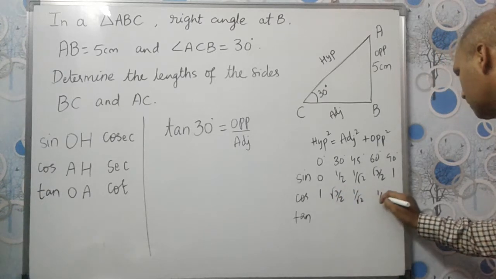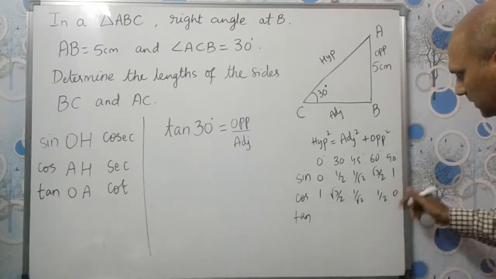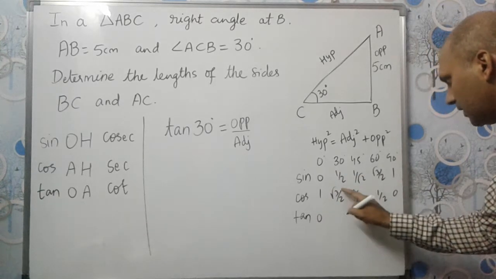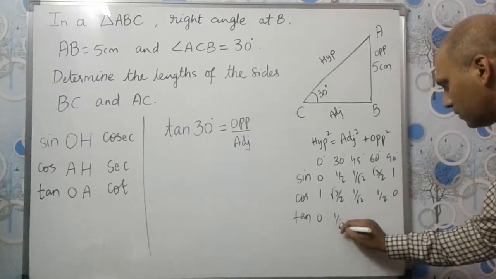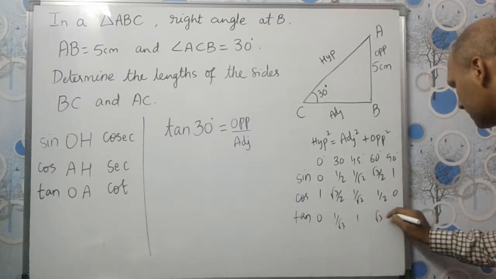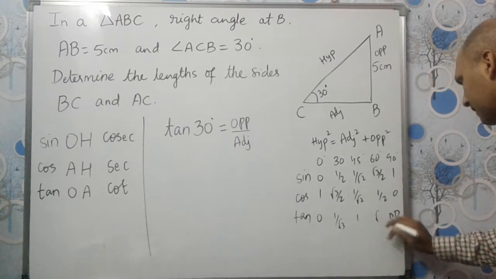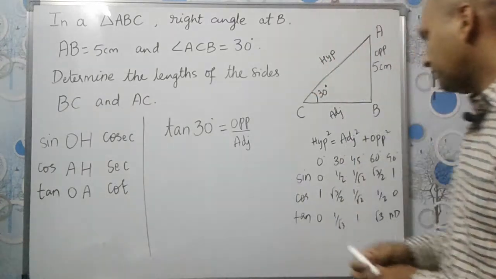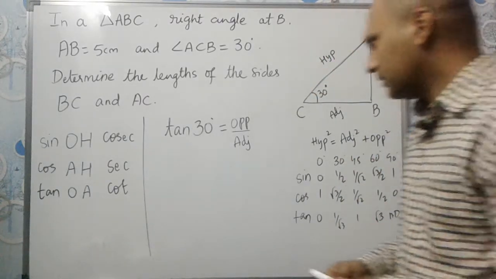So 1 by root 2, 1 by 2 and 0. And tan will be sine divided by cos. 0 by 1 is 0, 1 by 2 divided by root 3 by 2 is 1 by root 3. This is 1, this is root 3, this is not defined. Okay, so tan 30 is 1 by root 3.